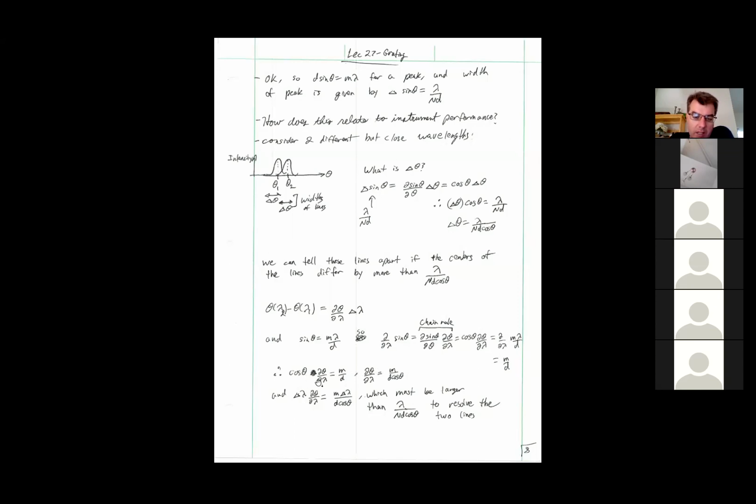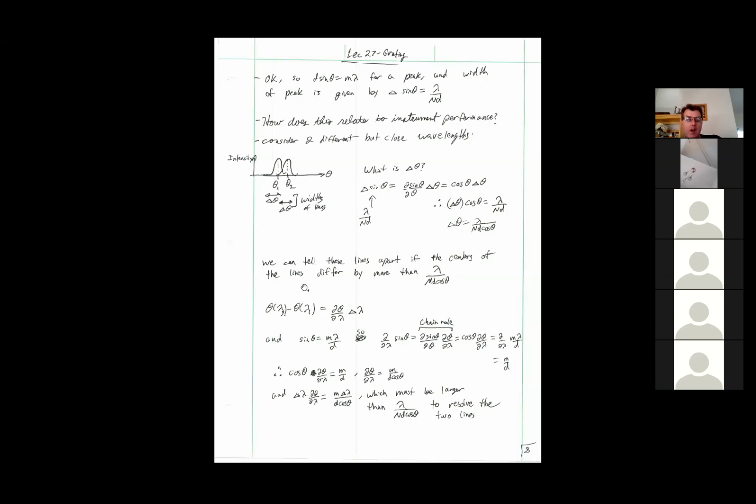So cosine theta times the derivative of theta with respect to lambda equals m over d. So the derivative of theta with respect to lambda is m over d cosine theta. And delta lambda times the derivative of theta with respect to lambda is m delta lambda over d cosine theta.